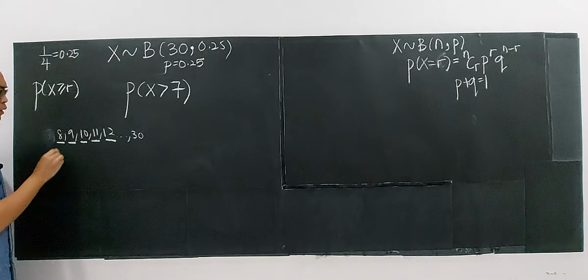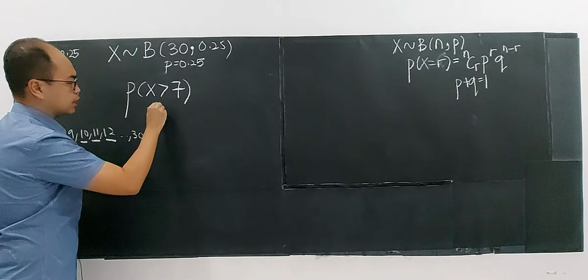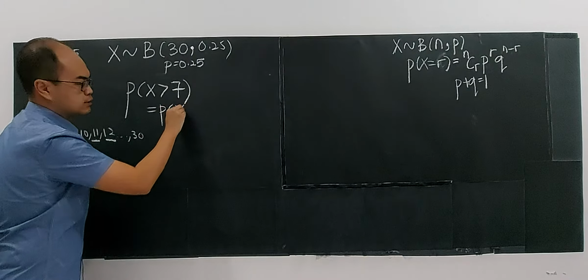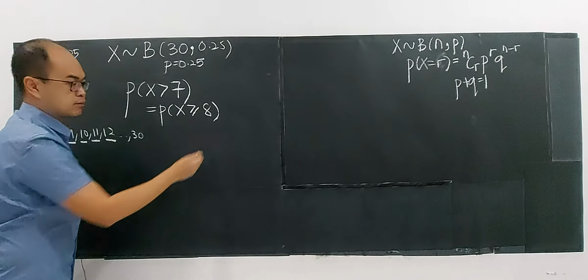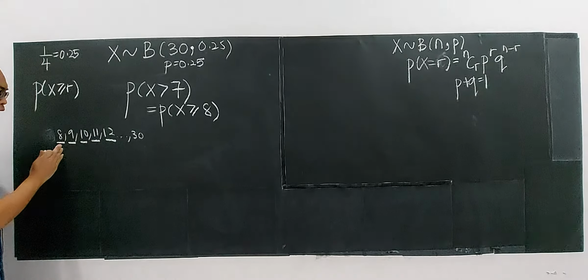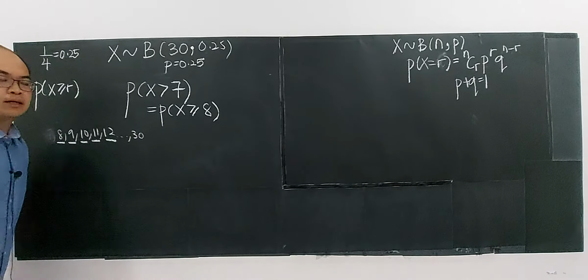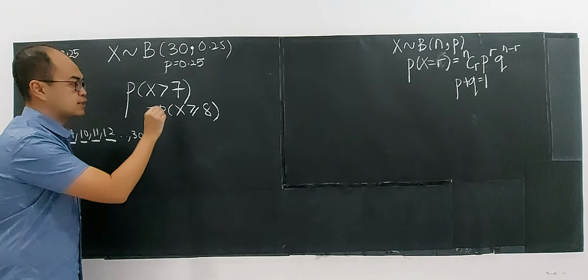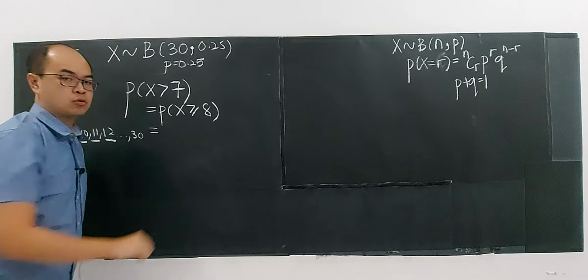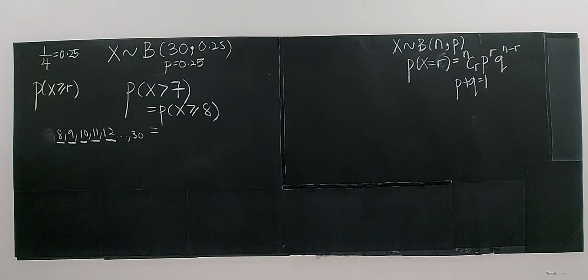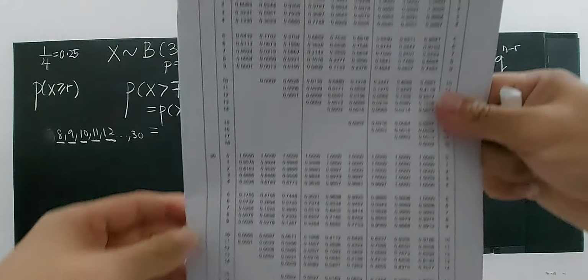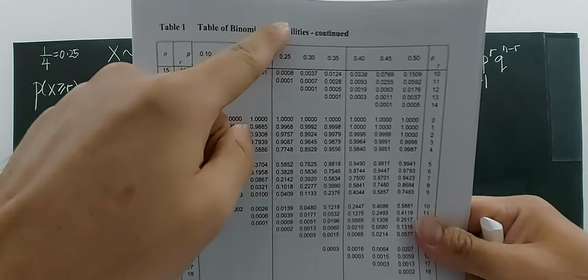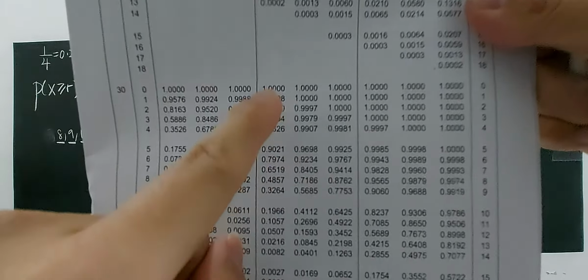More than 7 has the same meaning as at least 8, that is, 8 and above. So from the statistical table, you can read X at least 8 here. Go to the statistical table, 30, 0.25. Where is 8?